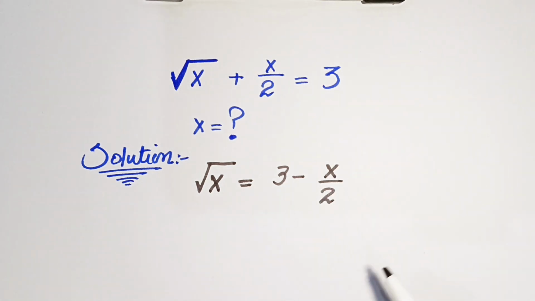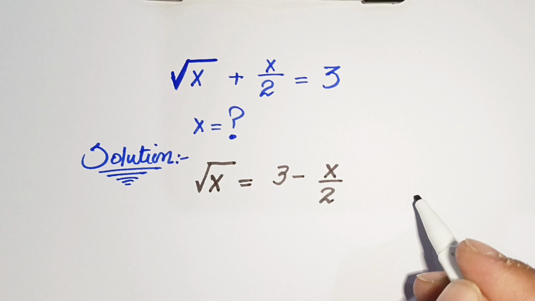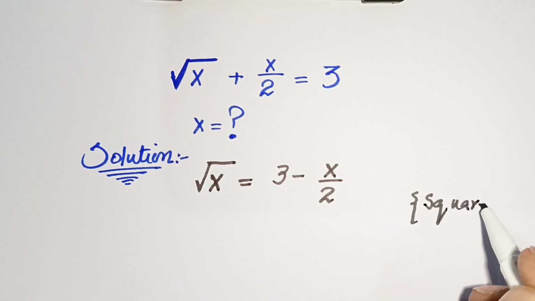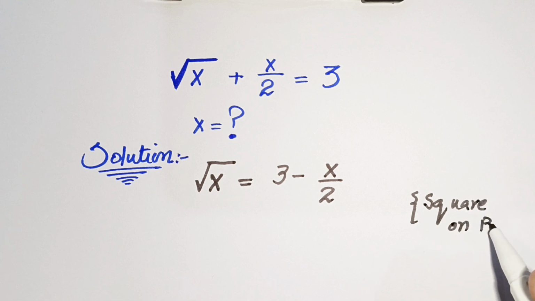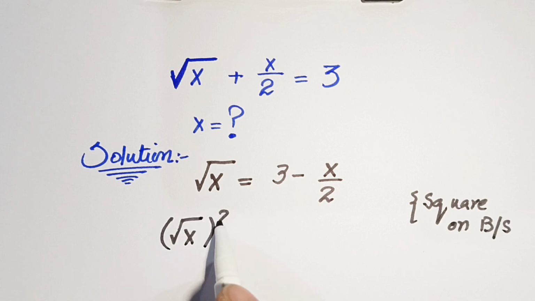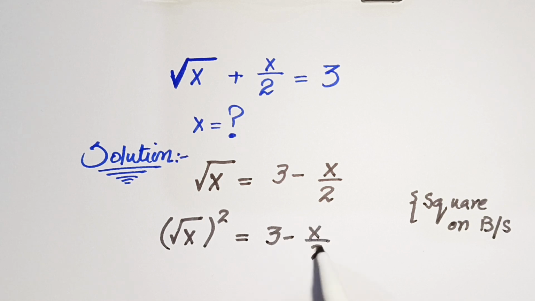Now if we take square on both sides, then we have square root of x whole squared is equal to 3 minus x over 2 whole squared.